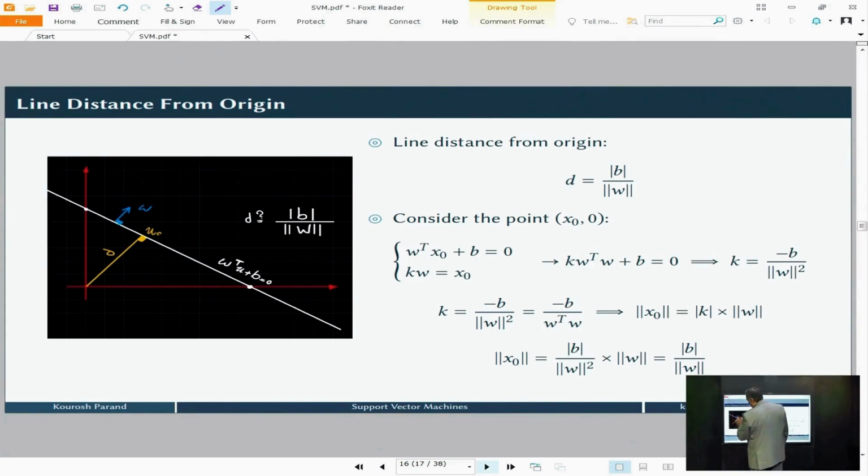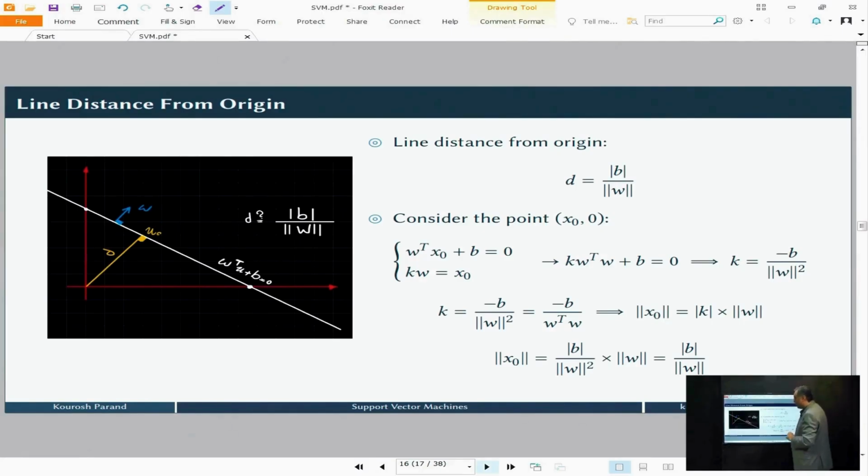We take a point like x0 on this line, or on this hyperplane. So what happens in this case? It satisfies the equation. So here, as you can see, W transpose x0 plus b will be equal to 0. All clear?